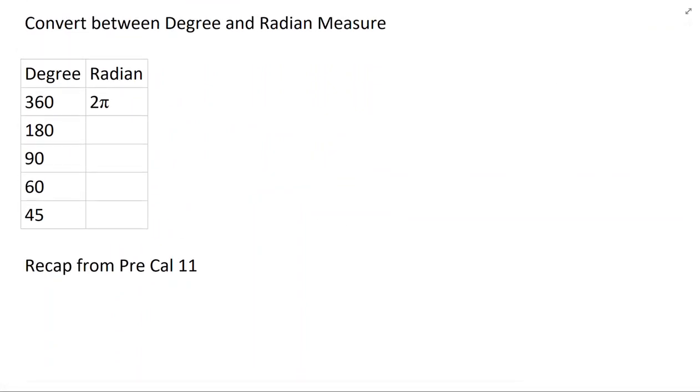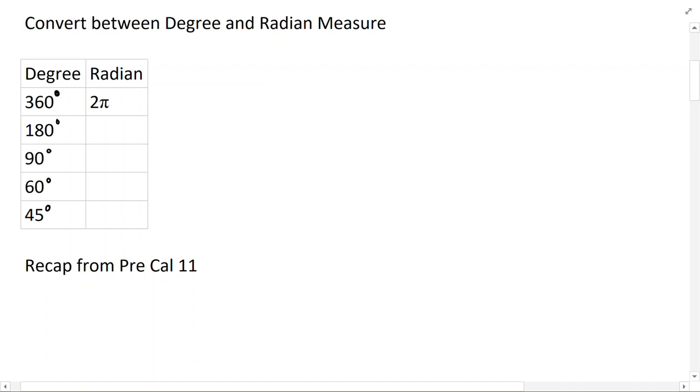So when we're converting back and forth between degrees and radians, well, we know a circle is 360 degrees. Actually, probably should add this little symbol here. And the radian measure of one circle is 2 pi. So I'm just going to add that little symbol there.